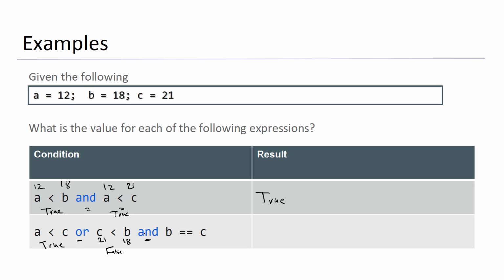AND has higher precedence, and false and anything else is false. So the result of this part of the condition is false. But A less than C is true, and true or anything is also true. So the result of this entire thing is true.